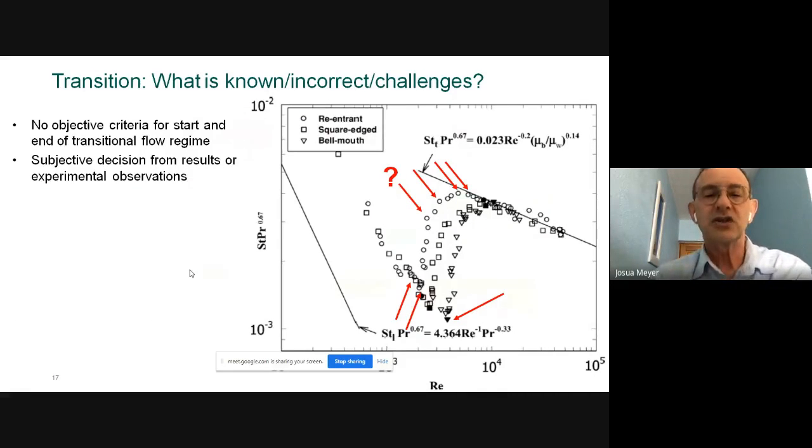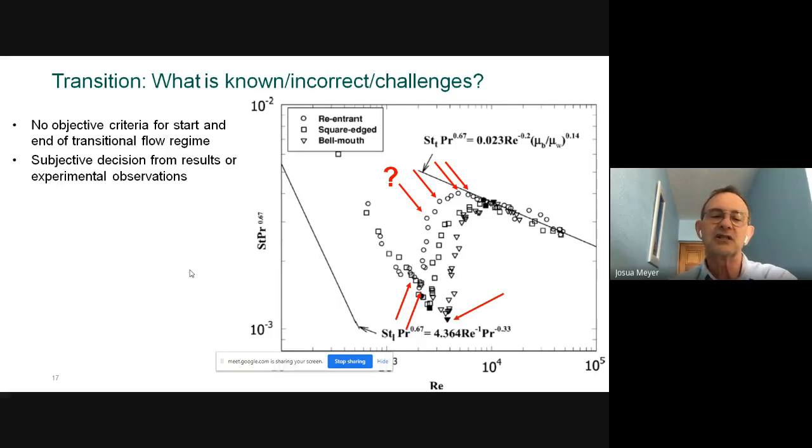One of the challenges that we also had is that in the transitional flow regime, this is typically what happens, where the Reynolds number increases from low Reynolds numbers to high Reynolds numbers, we get these almost discontinuities.